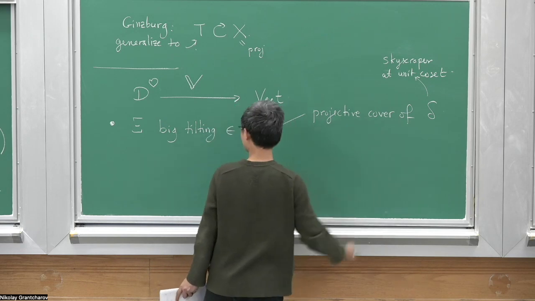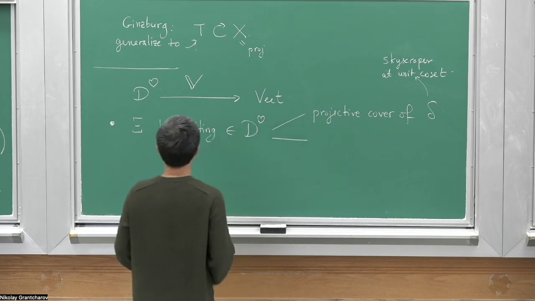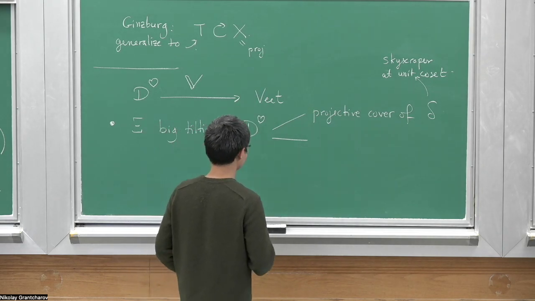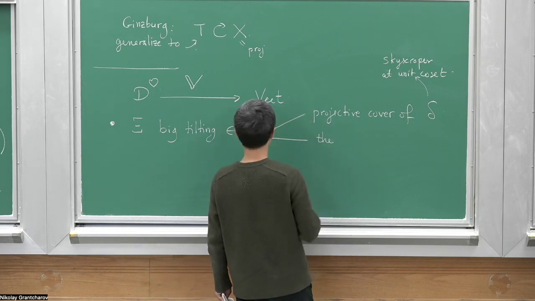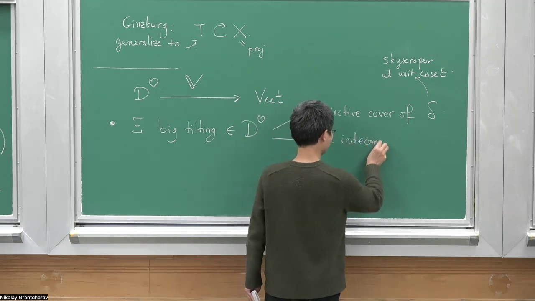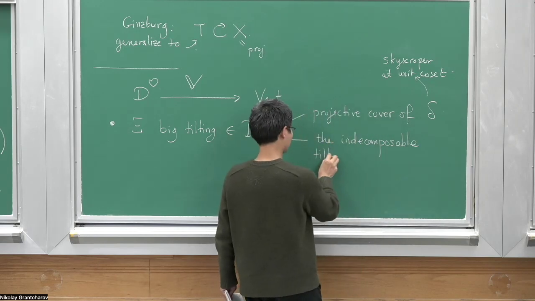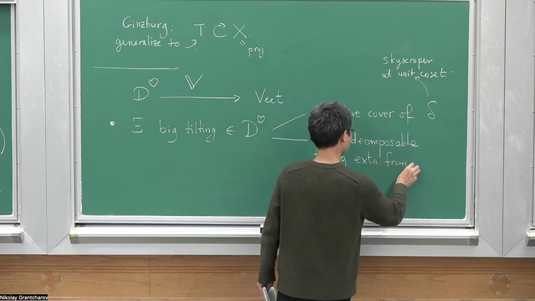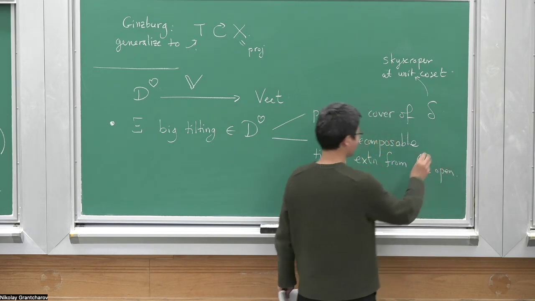So this, by definition, is a projective object. It is also a tilting object. So this is an indecomposable extension from the constant sheaf on the open orbit.